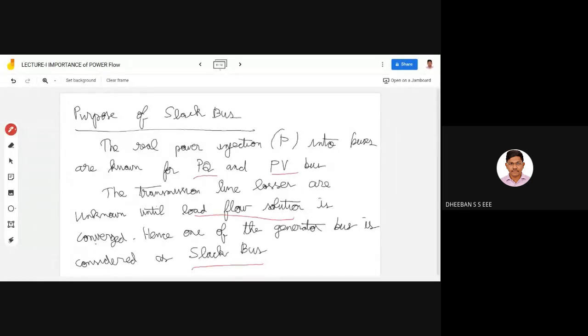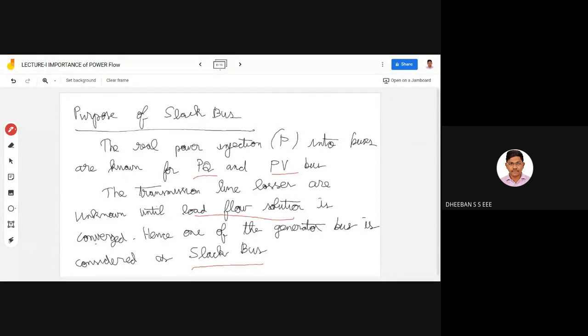For finding the per unit value, you have to know the value of the common base MVA and common base KV. And for that purpose, one generator will be taken as a slack bus. Whereas the real power injection will be dealt with by your PQ and PV bus.